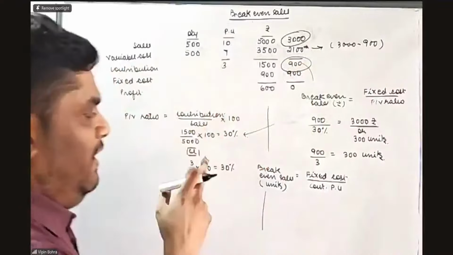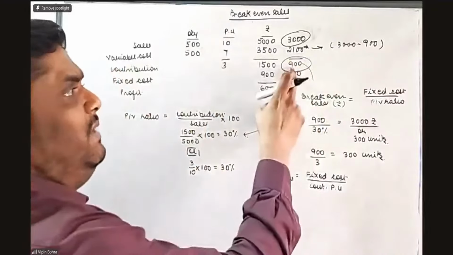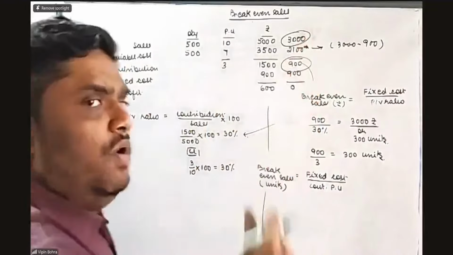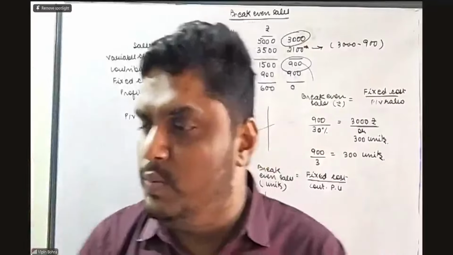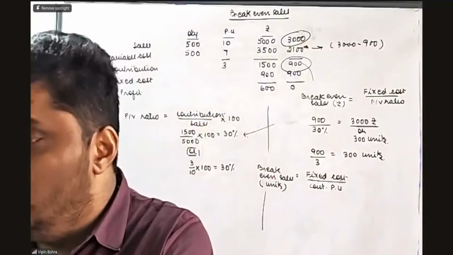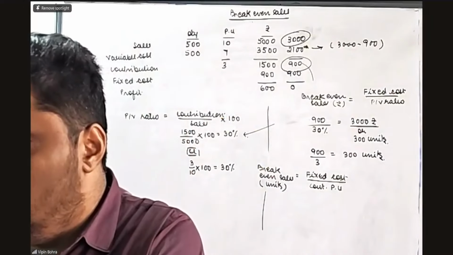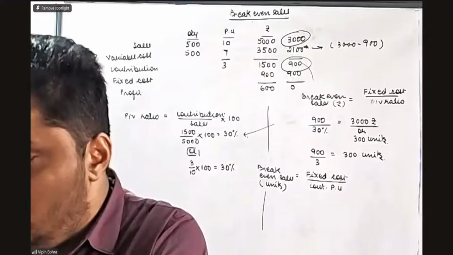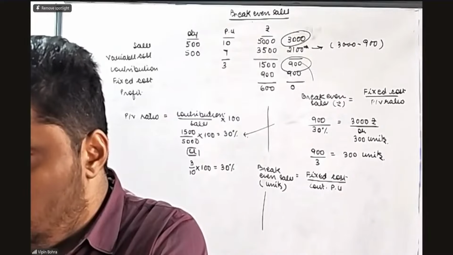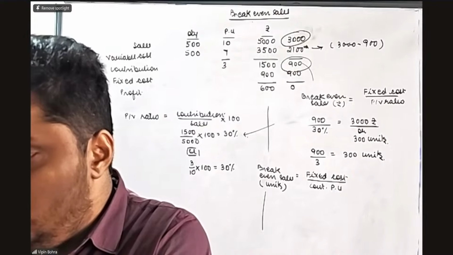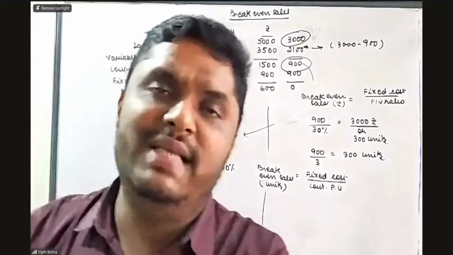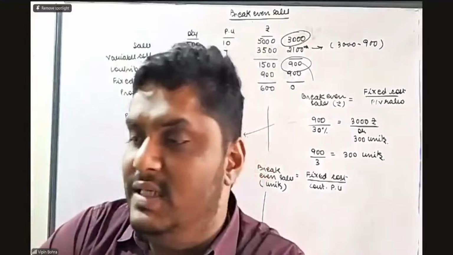Alternatively, if the contribution is 30% of sales, so variable cost will be 70% of sales, Kushbu. Yes, break-even sales in units and break-even point in units is same.